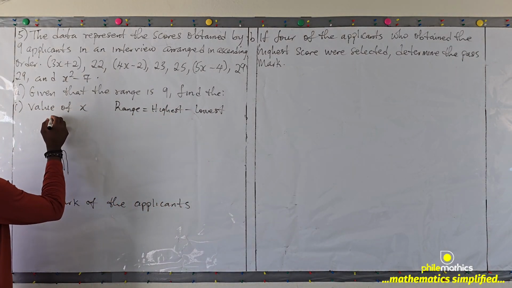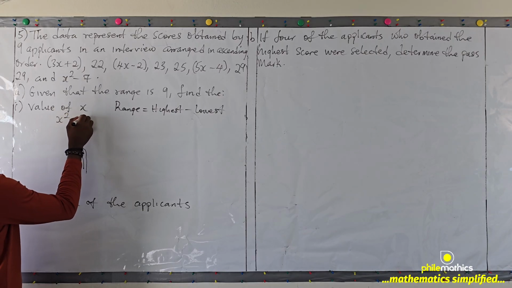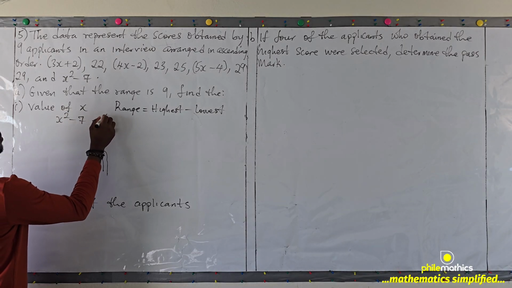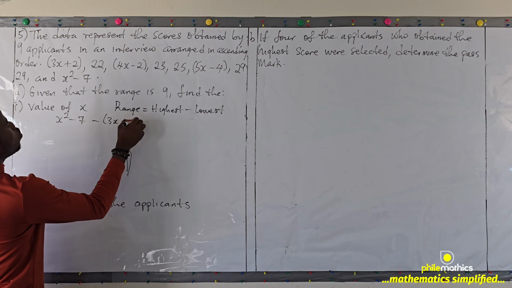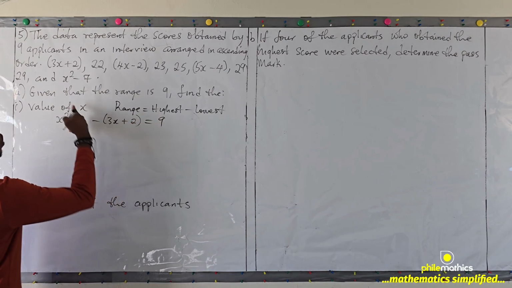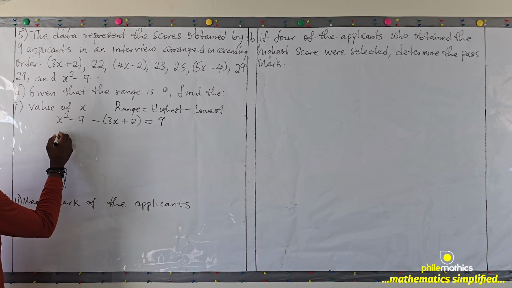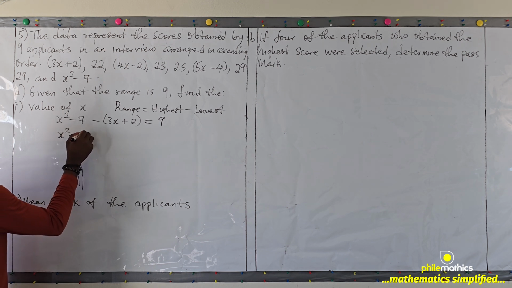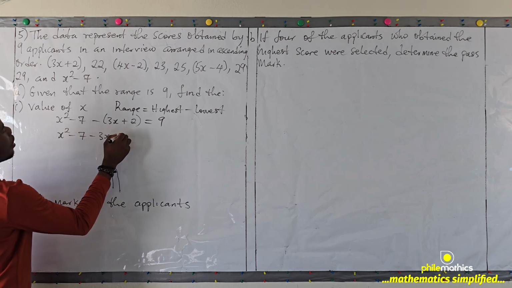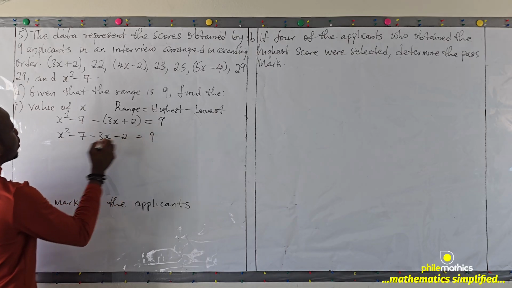And so that will give us x squared minus 7 minus (3x plus 2) equal to 9, since we are told that the range is 9. And so we subtract: x squared minus 7 minus 3x minus 2 equals 9.